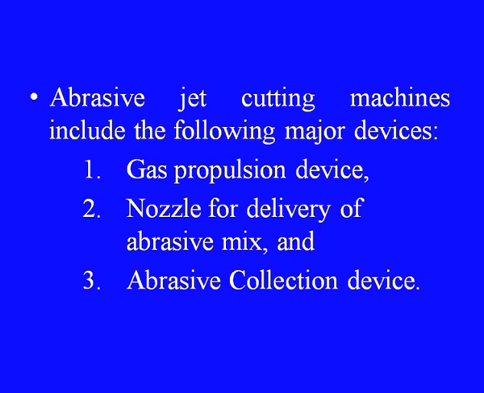Abrasive jet cutting machines include the following major devices. Number 1, gas propulsion device. Number 2, nozzle for delivery of abrasive mix, and number 3, abrasive collection device. The gas propulsion system provides the supply of clean, dry gas or air to propel the abrasive particles to the workpiece.